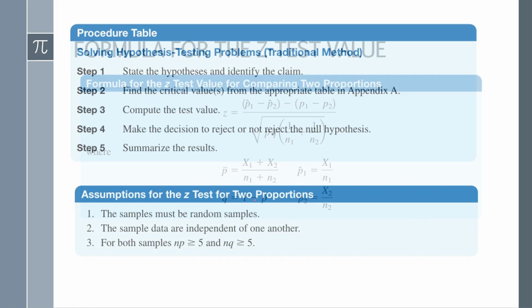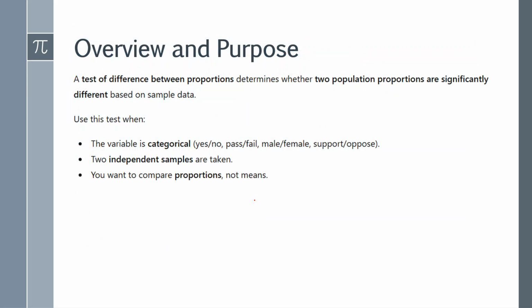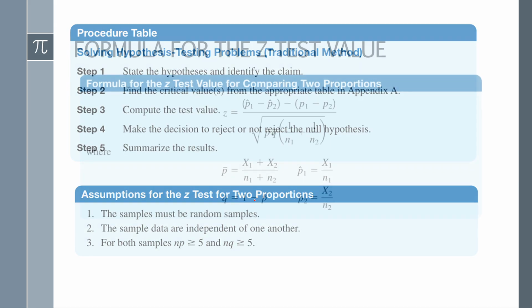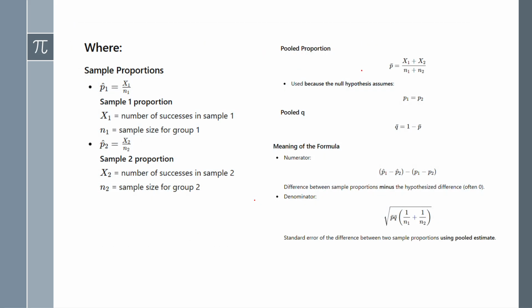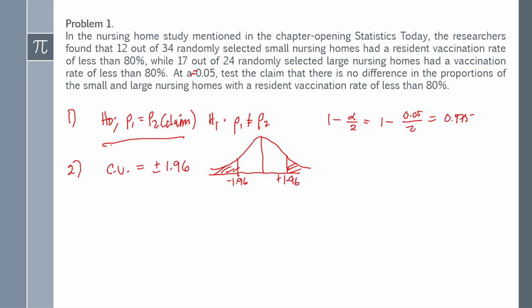So we have to find the pooled proportion and the pooled Q, and also the sample proportions.